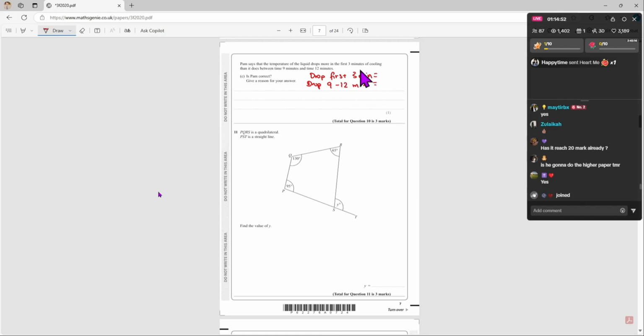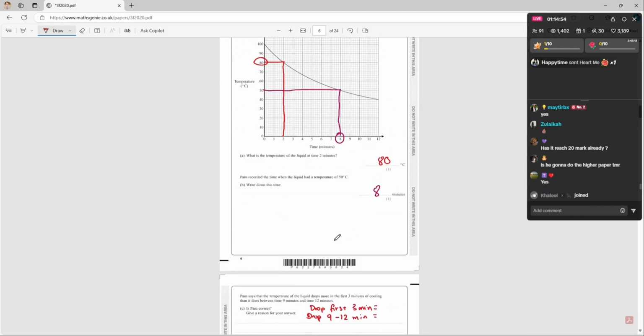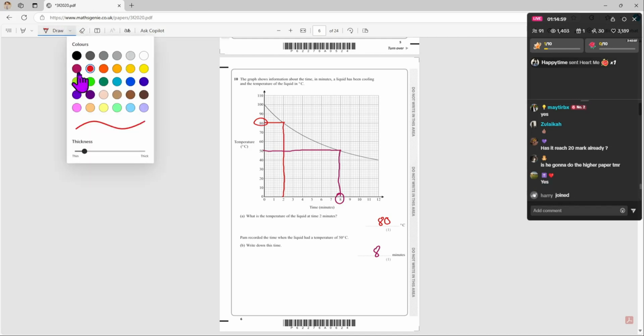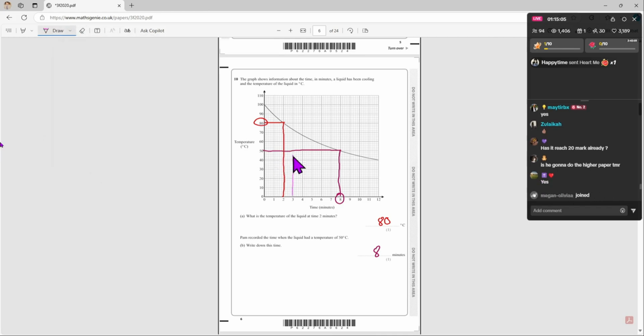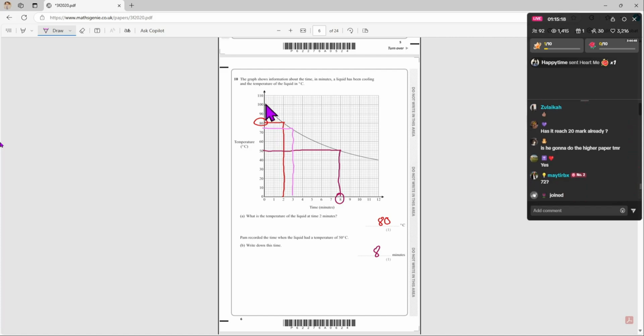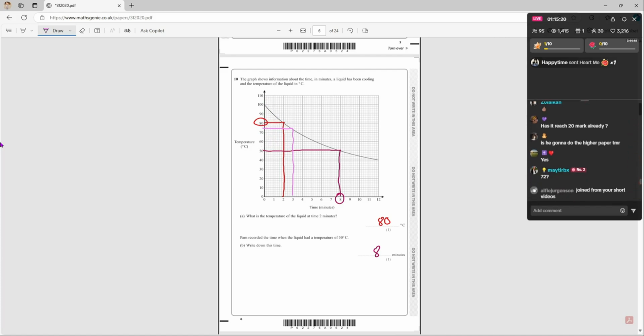So let's quickly do that. We have to work out the drop from the first 3 minutes. So we go up from the x-axis at 3 and go across like that, and that will give us 73 degrees.